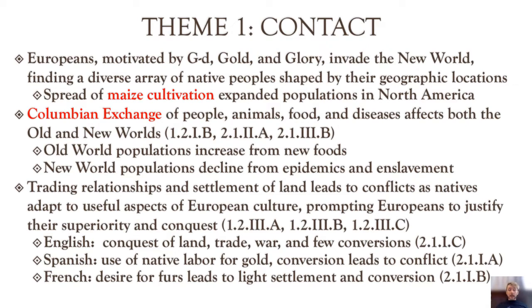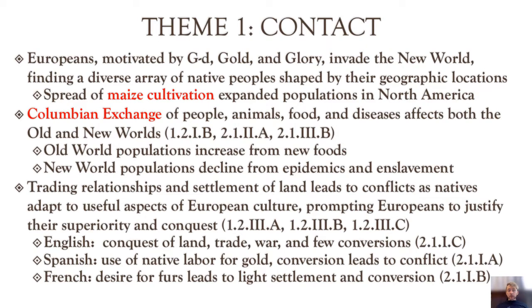People living in the Americas will decline as a result of contact from disease like smallpox, flu, as well as the enslavement that they experience at the hands of Europeans. So this exchange of biological material creates winners and losers on both sides.